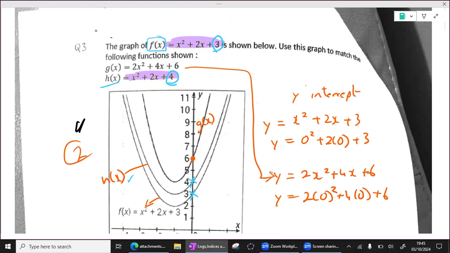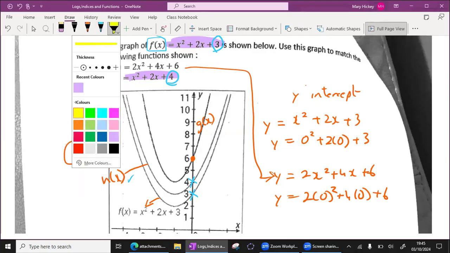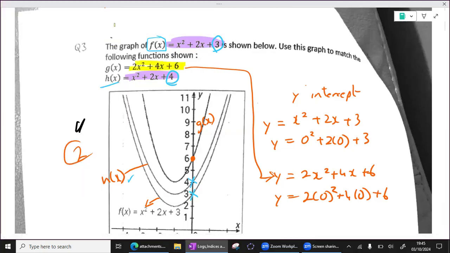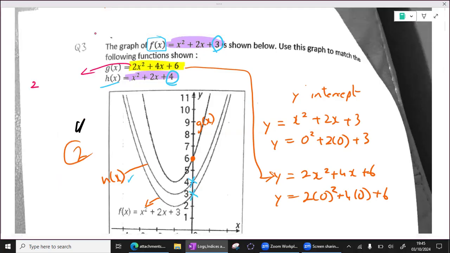Okay. Another thing we did today, now you didn't have to do any of this, but I suppose it's nice to connect it. To see the yellow one, if I compare the yellow one to the original, do you notice that if I factorized out the 2, what I'm really doing here is doubling all the x values?